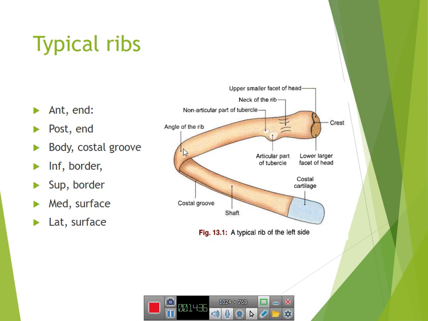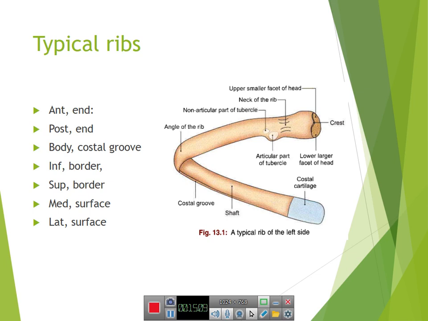The shaft of the body, as I said before, has two surfaces, outer surface and inner surface. On the outer surface, the angle is marked by an oblique line directed downwards and laterally. The inner surface is smooth, as I said, and covered by the pleura.